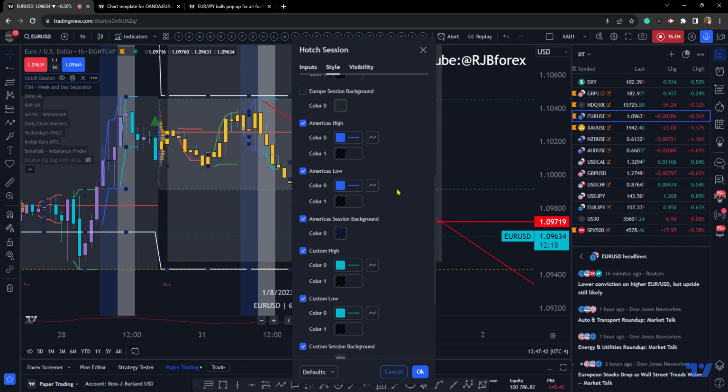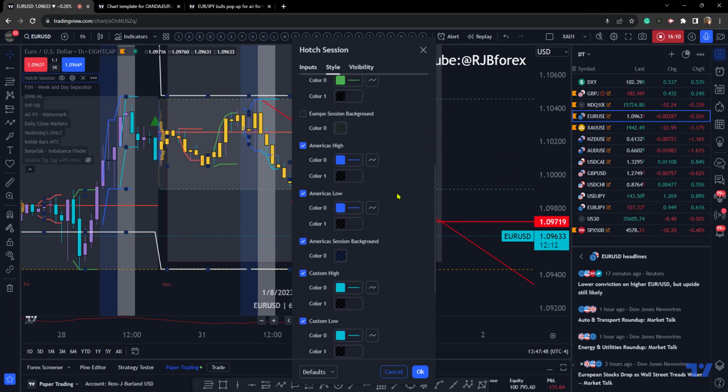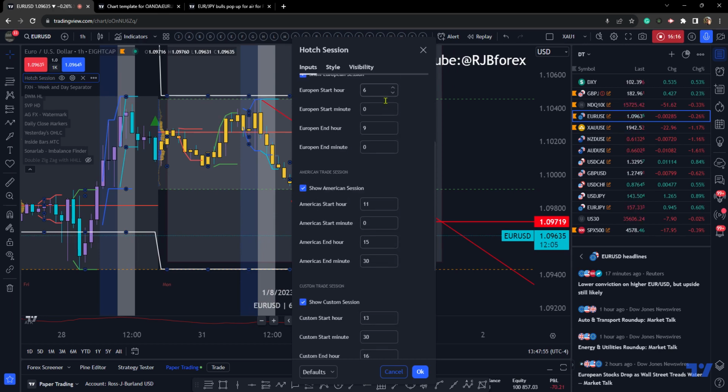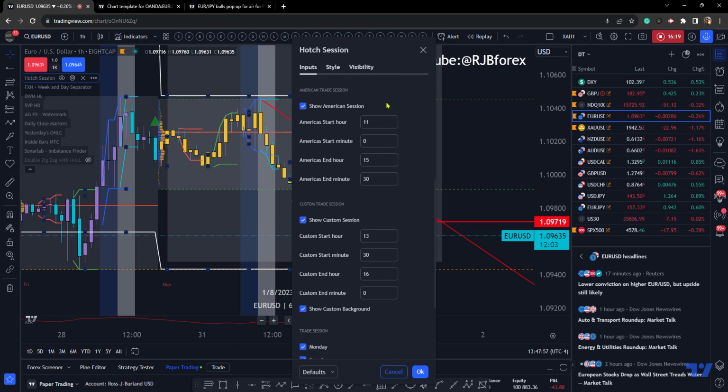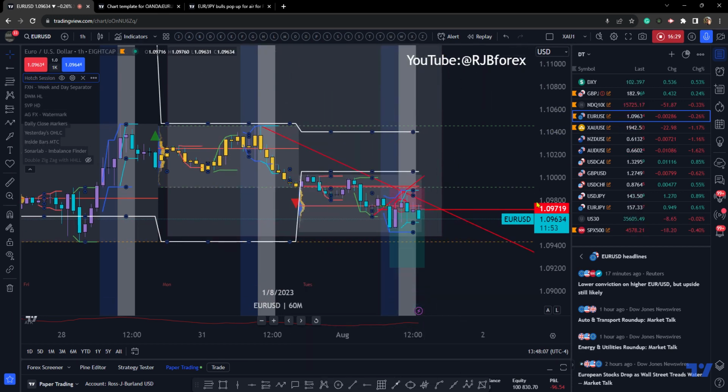So that's how I've got it configured. Okay, so you can take a screenshot of that, and that brings us to a conclusion of the template.